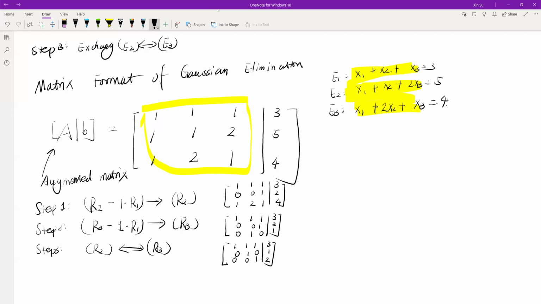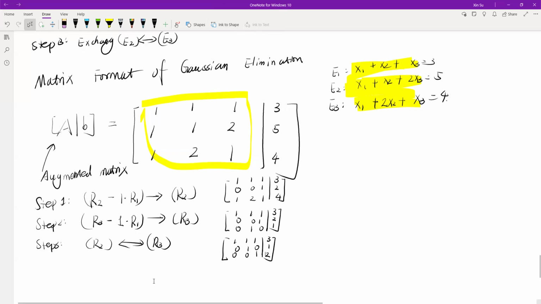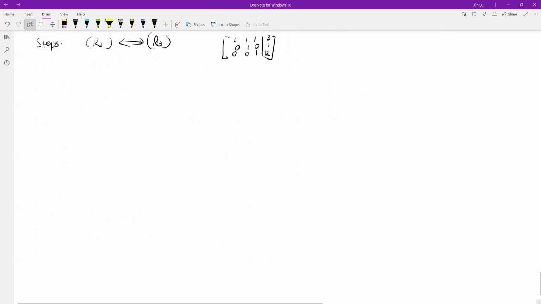Let me see, I am going to show you one more example, but before that, this is the basic example, and then I'm going to give you one general situation.